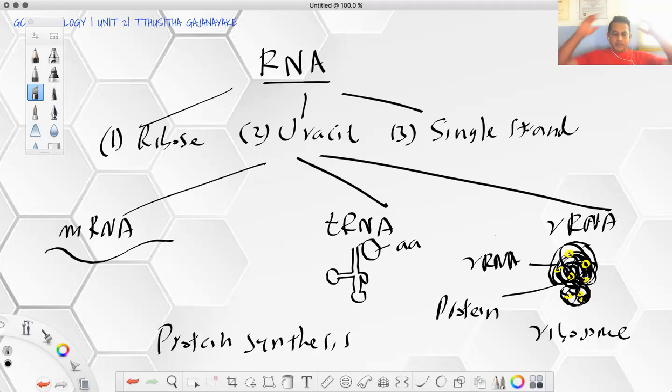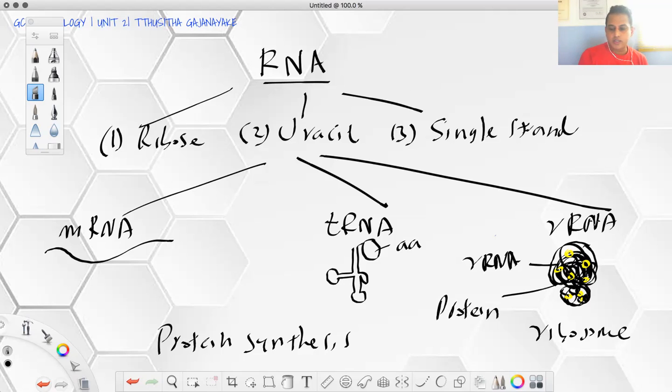Okay, so we are almost finishing biological molecules. Just to finish this one, there are other nucleotides existing in the cell other than DNA and RNA.